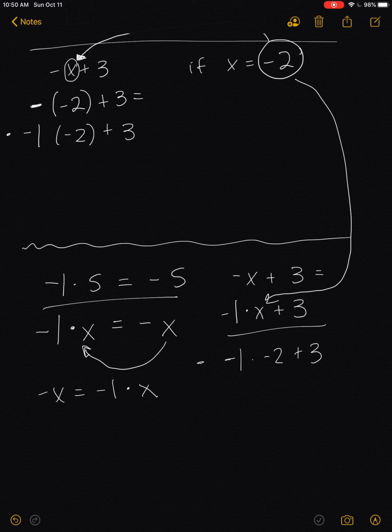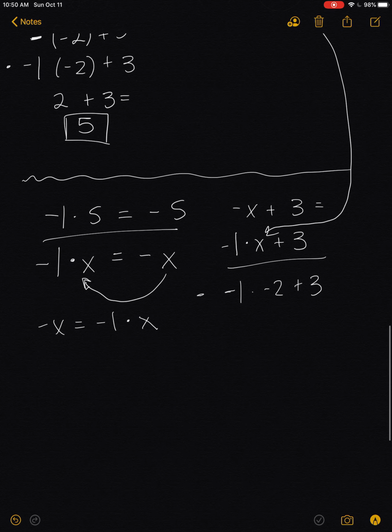And then we have -1 times -2 gives me +2. 2 plus 3 gives me 5. That's my answer. Sorry, that looks like a negative when I just want it to be like a bullet point. Right, -1 times -2, 2.